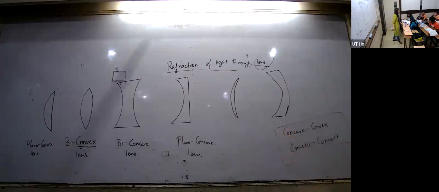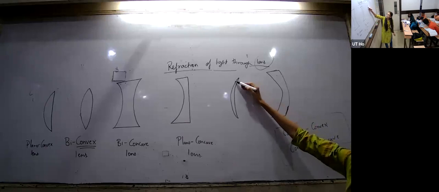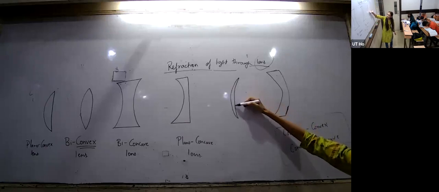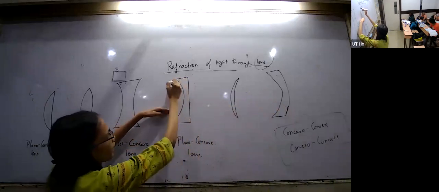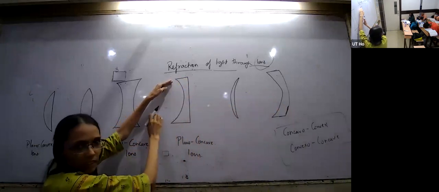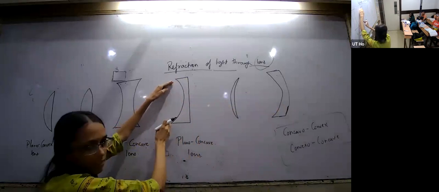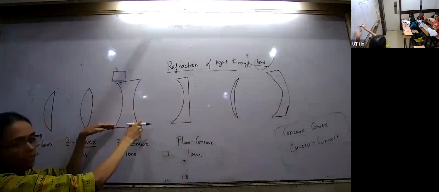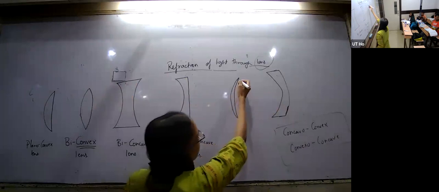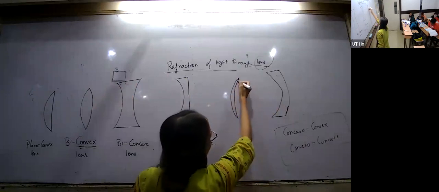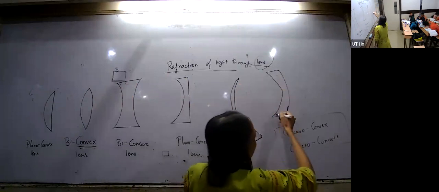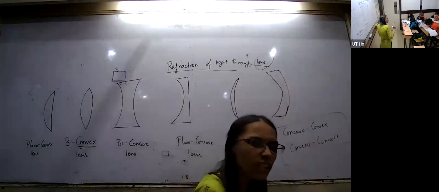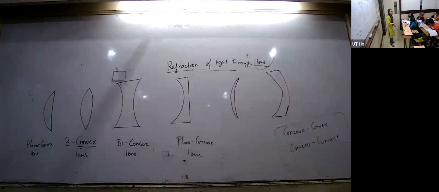In this case one side is bulging outwards and one is curved inwards. It is like a cave, right? So here we call it the cave word. Here there is one cave surface and the other side is bulging outwards. Here also one is cave and one is bulging outwards. But ma'am, what is the difference? How do we name them?